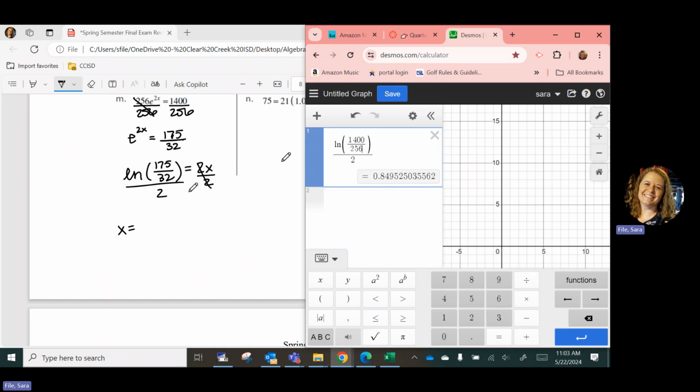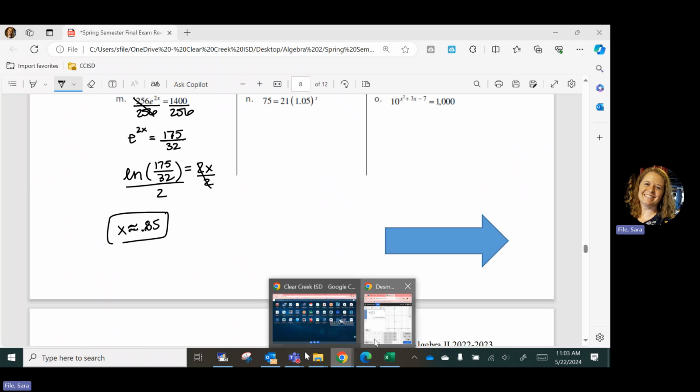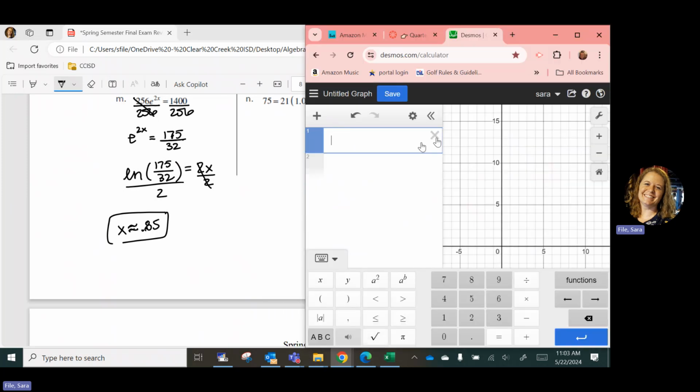Okay. Now, here's another way that you could do this. So that's 0.85 approximately. Let me show you this. I talked about this in other videos with other types of functions, but it works with logs and exponentials as well.